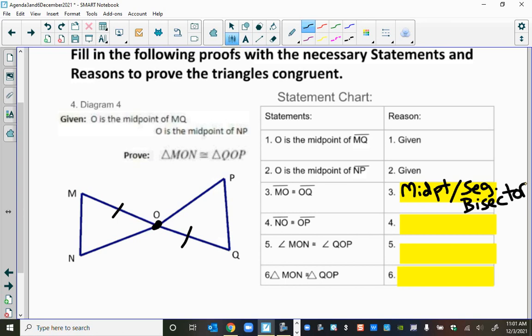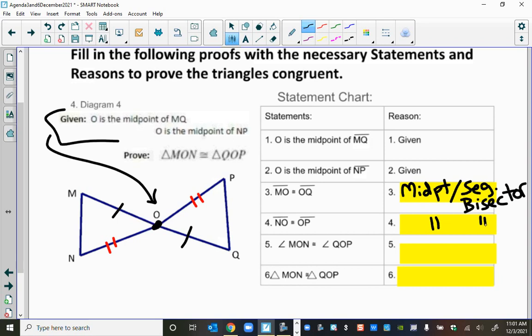OP and ON do not look like they're congruent. But go with what's here. Sometimes the figures are going to look different, but you gotta go with what's given to you. So they're telling you that's the midpoint. So then NO and OP are also going to be congruent. And you can say the same reason. Midpoint, segment bisector. So 3 and 4 are going to be the same exact reason.